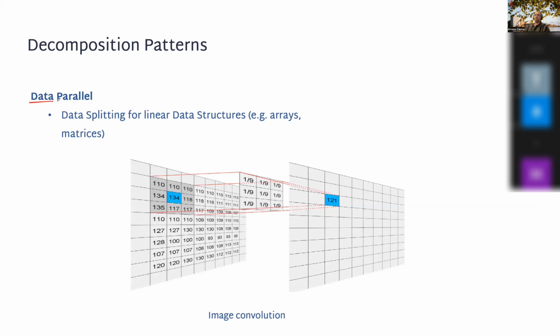So about data parallelism, in this example I'm showing an image convolution example, where you want to apply a convolution filter to an image, which is quite widely used in convolutional neural networks. In this case, I can assign a thread to each of the results of this convolution.